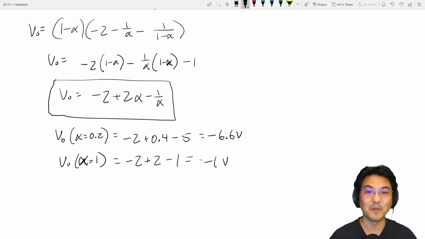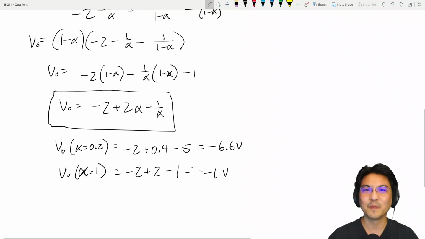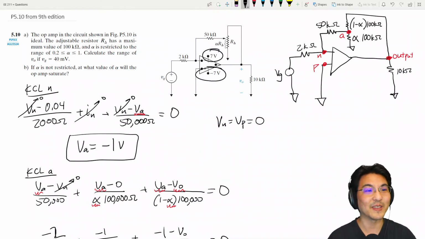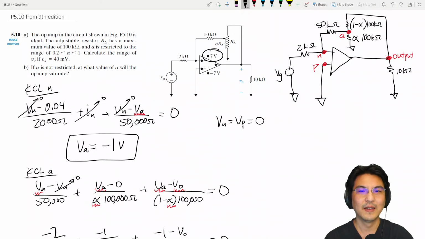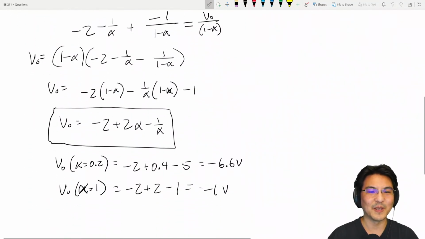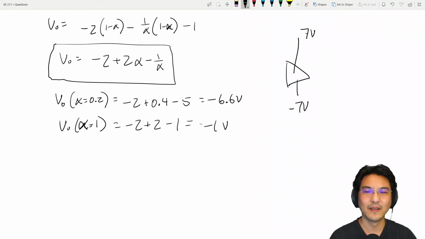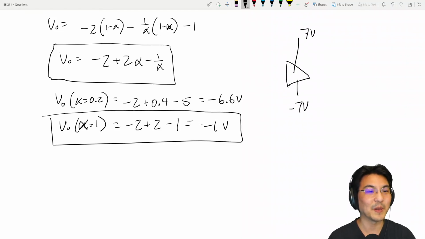But we have to be careful because the op-amp output voltage can't just be whatever we want, right? It has to be between 7 and -7. So let's be careful there. If we turn the dial all the way where alpha is 1, no problem.